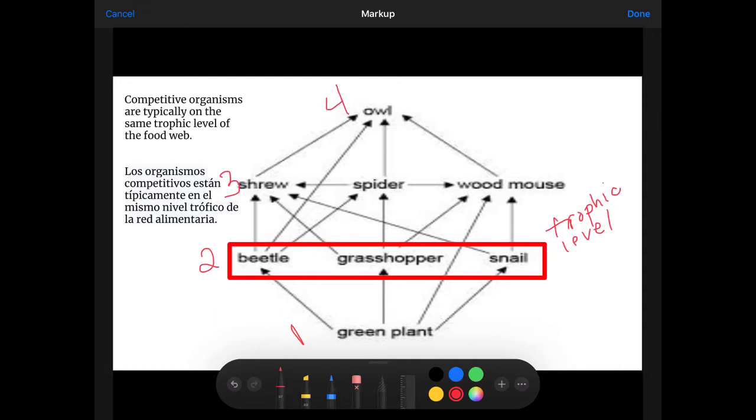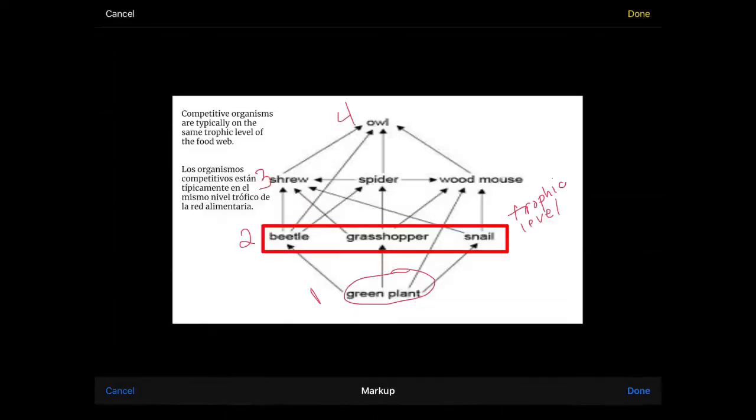So the beetle, the grasshopper, the snail, they all eat this guy, the green plant. He's our producer, and they're the first consumers. Because they're all on the same level, they all eat the same organism, which means they're competing for it. So when the MCAS question asks which organisms are competitive, you want to look for the organisms that are on the same level. Okay? Moving on.